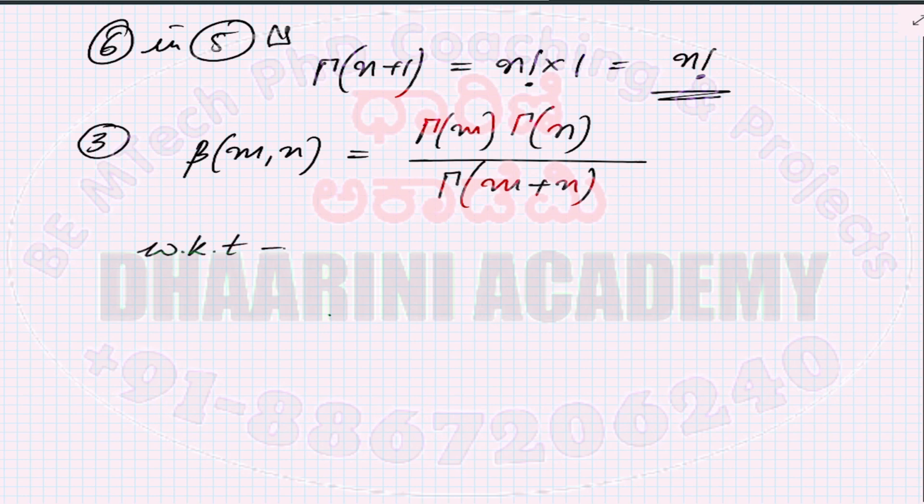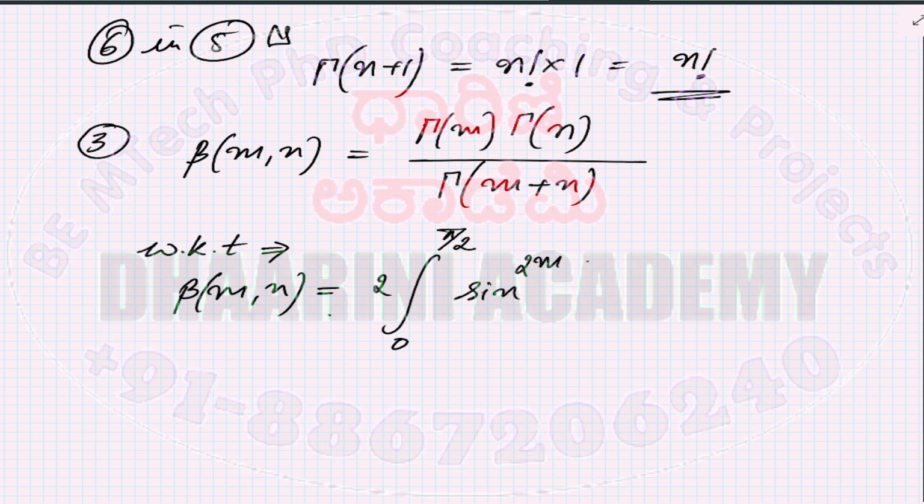We know that the beta of m comma n is written as 2 times, I'll use the other format, that is the trigonometric identity, integral 0 to pi by 2, sine to the power 2m minus 1 theta cos to the power 2n minus 1 theta d theta. Okay, call this equation 1.